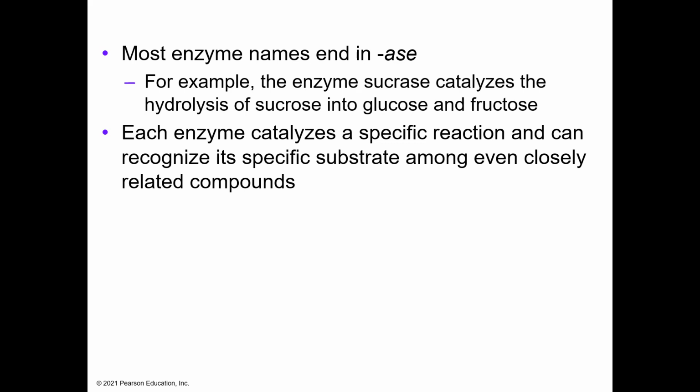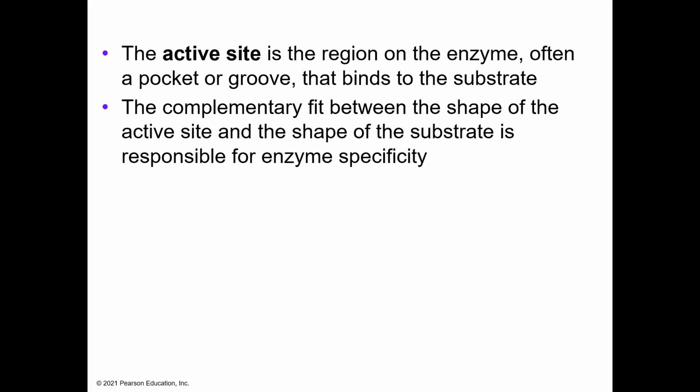It will not do anything else. It will never do anything else. It's that specific. Each enzyme catalyzes a specific reaction and can recognize its specific substrate among even closely related compounds. Even among isomers, it will only react with the one substrate.